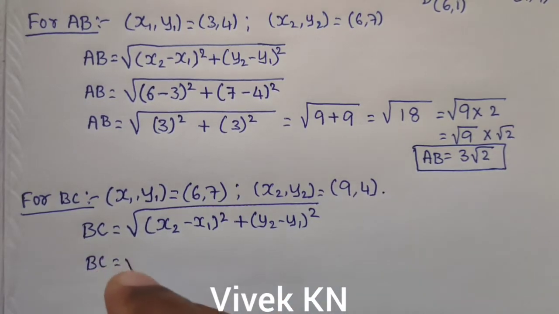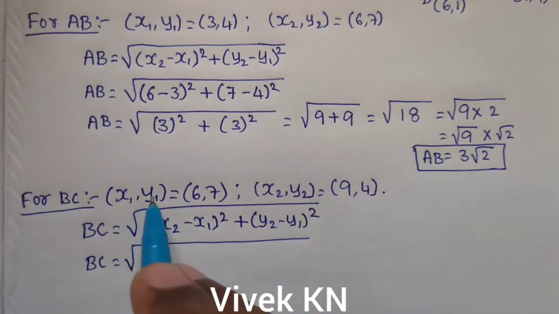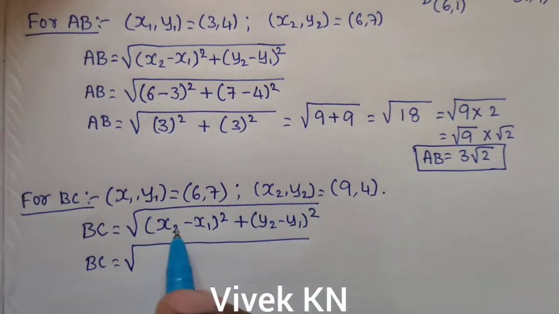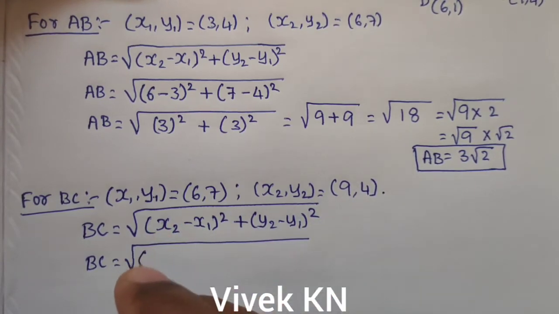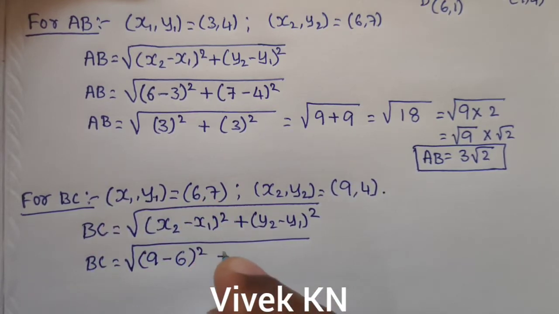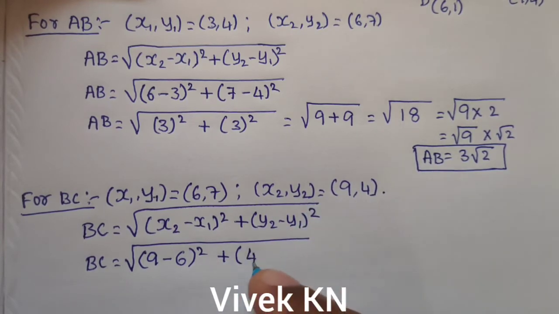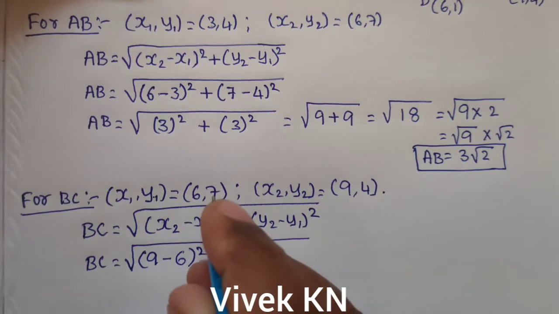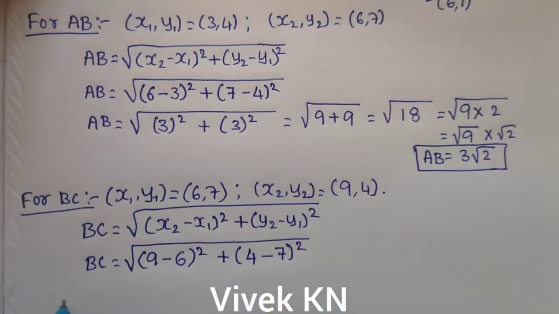BC is equal to under root of. Now let us substitute the values of x1 y1 and x2 y2 here. The value of x2 is 9 minus the value of x1 is 6 whole square plus the value of y2 is 4 minus the value of y1 is 7 whole square.